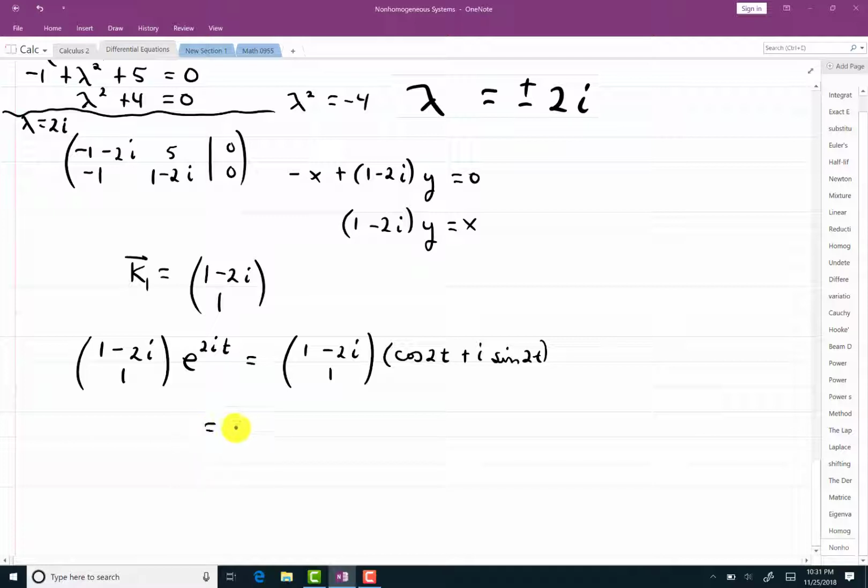And let me multiply it all out. I'm going to do the real parts first. Cosine of 2t. But then you have minus 2i times i sine of 2t. When I do the negative 2i times i, I'll get negative 2i squared, so it'll be positive 2 sine of 2t. Now let me handle the i parts. I have i times sine of 2t minus 2i cosine of 2t.